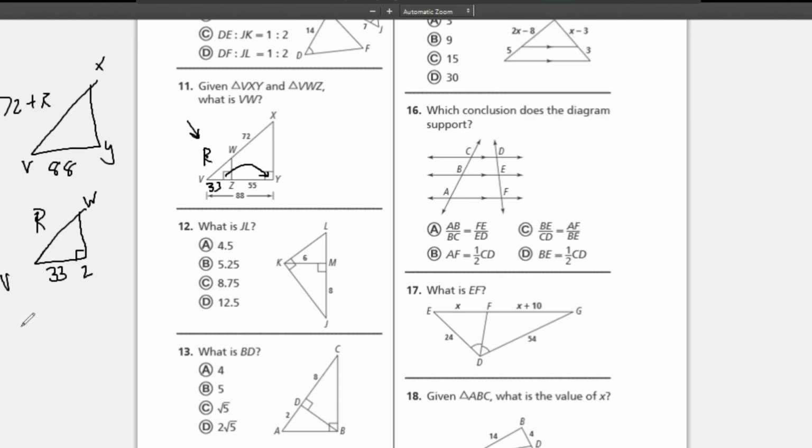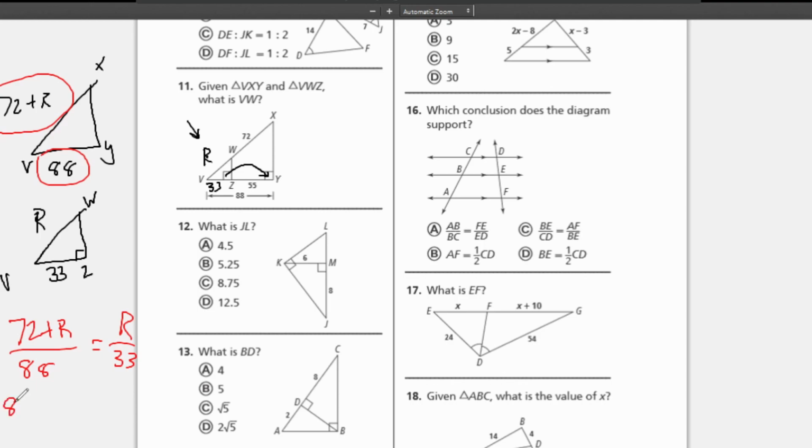This is just 72 over 88. We don't like those 8s. All right, put the parts of the triangle, force them together, over our unknown divided by 33.